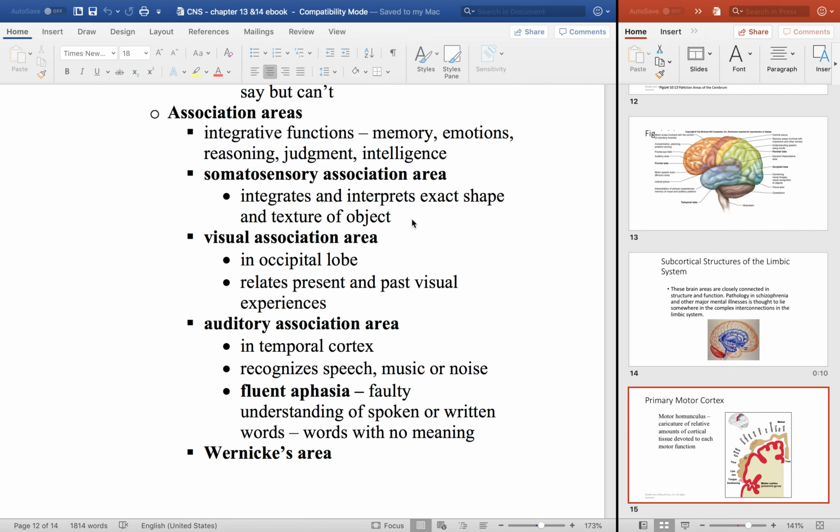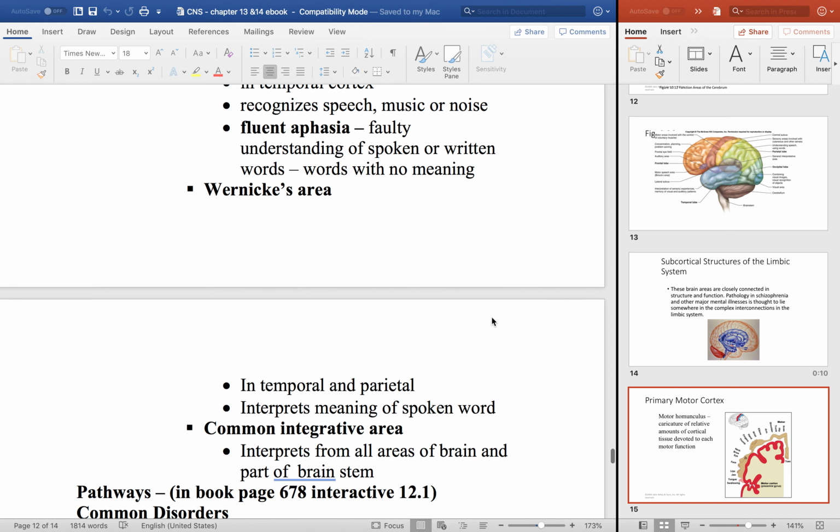If you are having trouble and you don't understand the spoken word, this is called fluent aphasia. And you can speak perfectly, you can read perfectly, but you don't understand what you're reading or saying. That is fluent aphasia. A lot of times that's with problems with Wernicke's area. It's in the temporal and parietal lobe, and it interprets meaning of the spoken word.